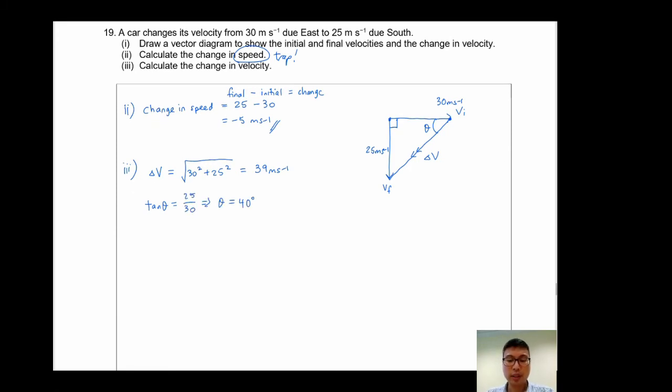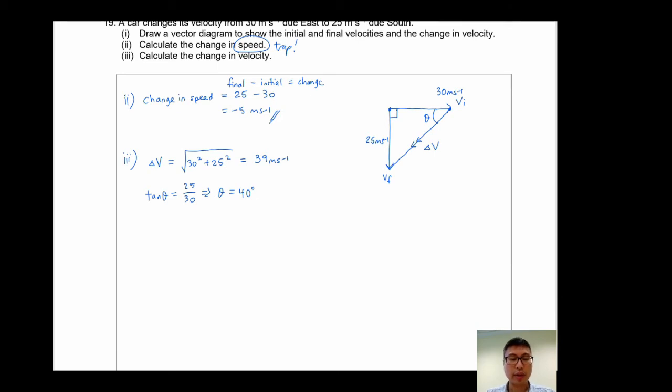So finally, if you have drawn a diagram, then the directions can be taken from the diagram. But if you have not drawn a diagram, then you must describe the change of velocity. Okay, so this is how you will express your answer. So that's question 19.